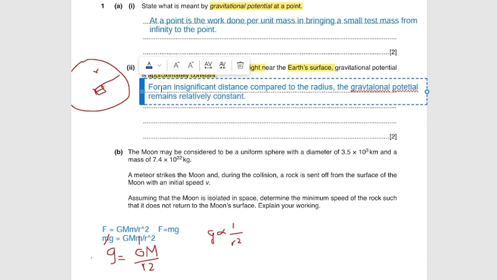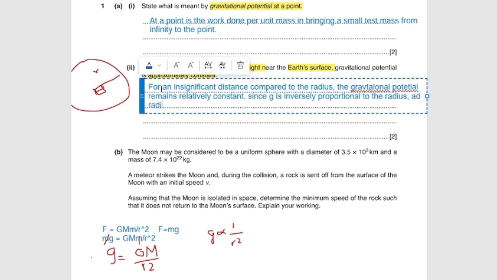Furthermore, you can add that since g is inversely proportional to the radius squared, and radius remains constant, g is also approximately constant. And I hope this makes sense.